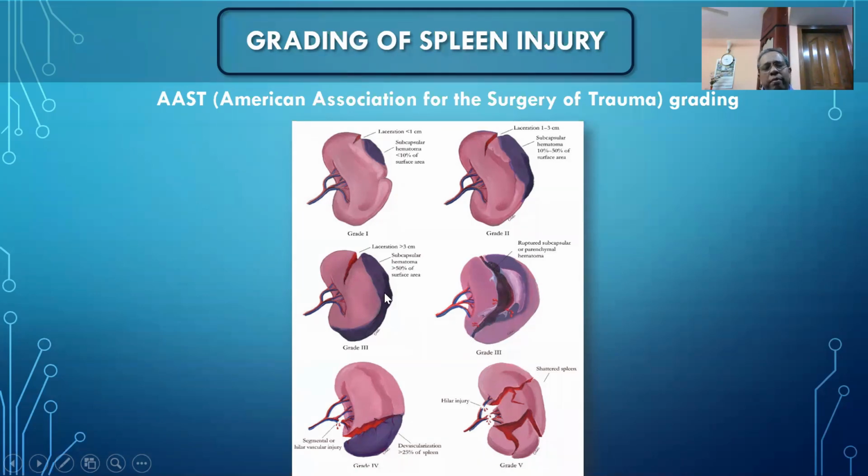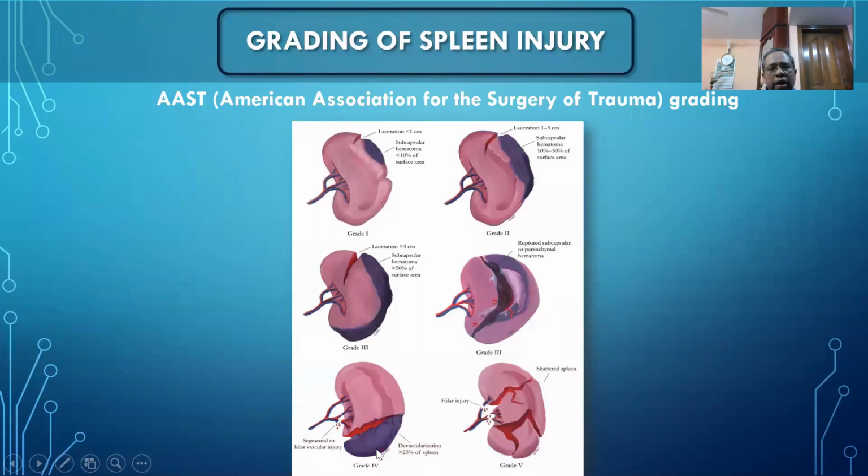Here it is more than 50% subcapsular hematoma, but the hematoma has an intact capsule, not bridging the capsule. If it bridges the capsule, the blood comes out, so there is more bleeding there. For that reason it is grade 3. Here there is no laceration injury, but there is a subcapsular hematoma, and it becomes ruptured.